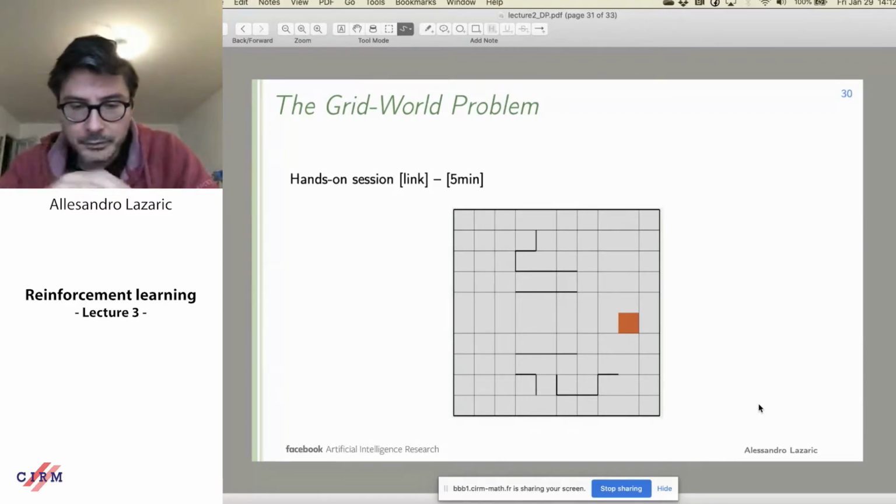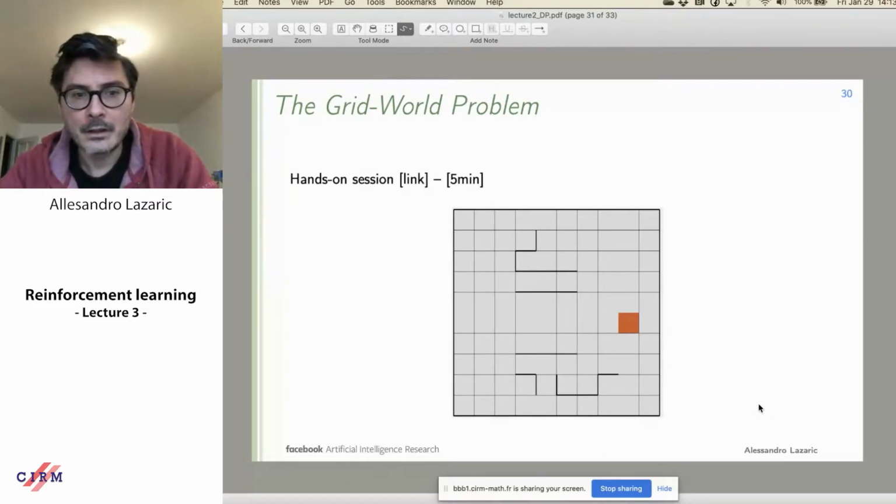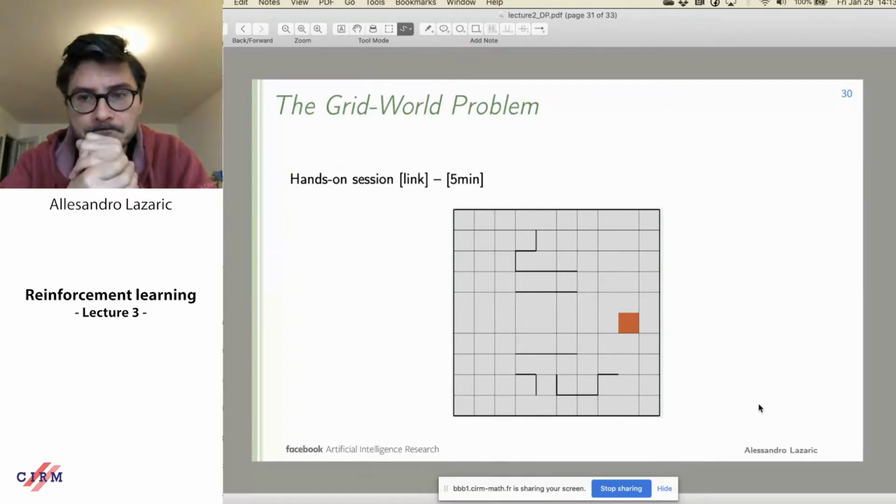Now, before moving to the reinforcement learning, is there any question, any curiosity about the things that we have seen so far? Things that, either on the chat or in the room, that you want me to clarify? Okay, if not, then, there is somebody typing on the chat.